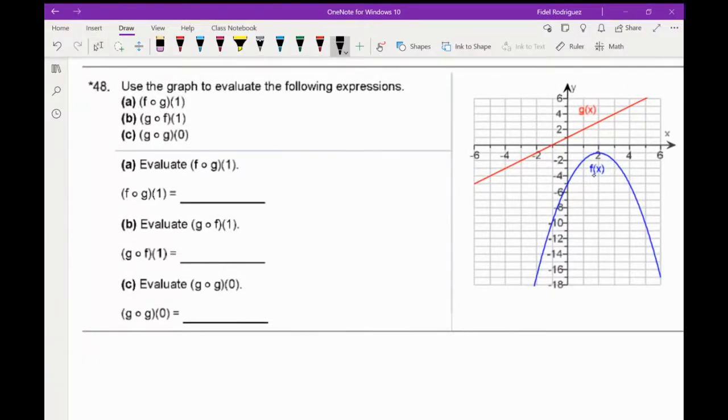Okay, so if we want to find f of g of 1, remember what this means we're going to do. We're going to find f of g of 1. Okay, so remember, g is the red function. So what that means is I'm going to go to when x is equal to 1. Here's x equals 1 right here. I need to hit the function g. I need to hit the red line. So I'm going to have to go up. And when we go up, the value that we get is 2.